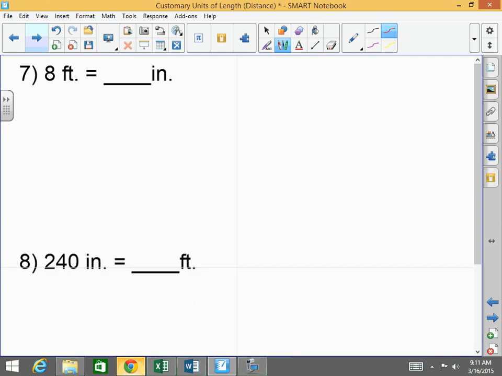8 feet equals how many inches? Well, I'm going from large to small, so I divide or multiply? Multiply. 8 times 12 is 96 inches. Done. 240 inches into feet. Am I going from large to small or small to large? So small to large, I divide. So that will be 20 feet.